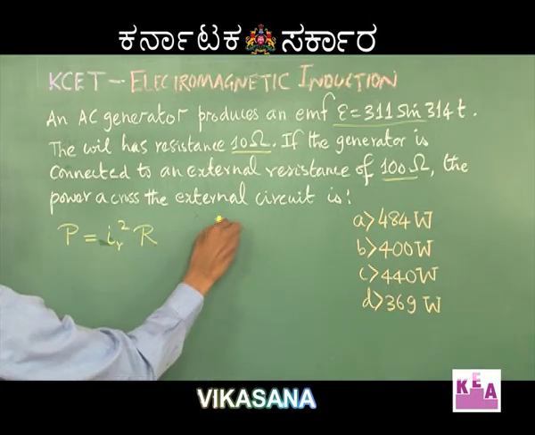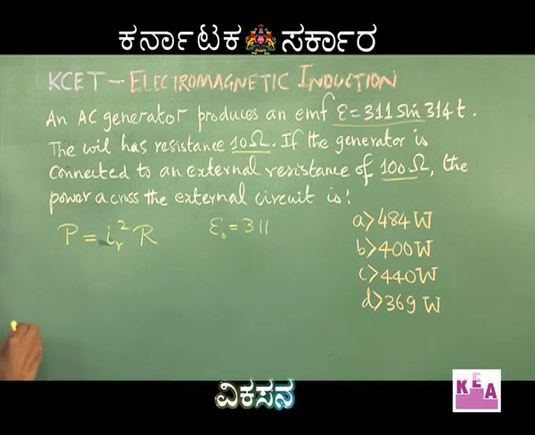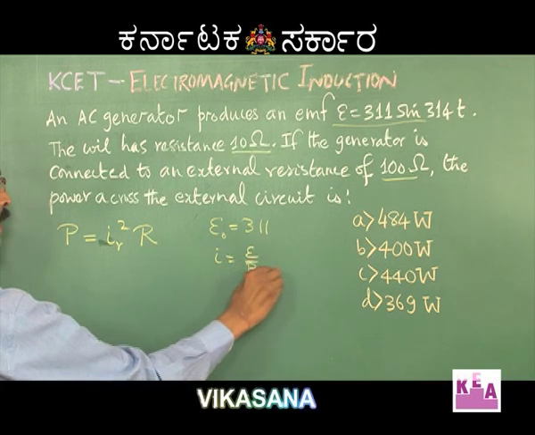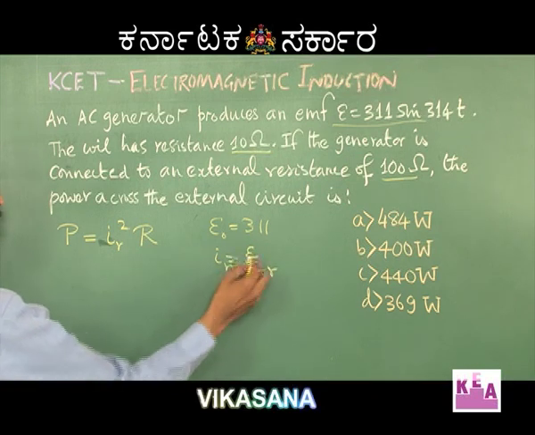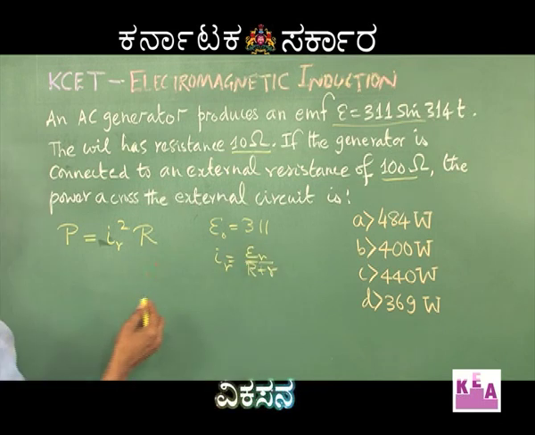But you are given E naught, that is 311. How do you find I RMS? I is equal to E by R plus r, that is I RMS is equal to E RMS divided by external resistance plus internal resistance.